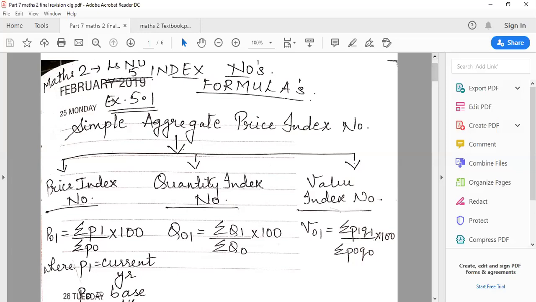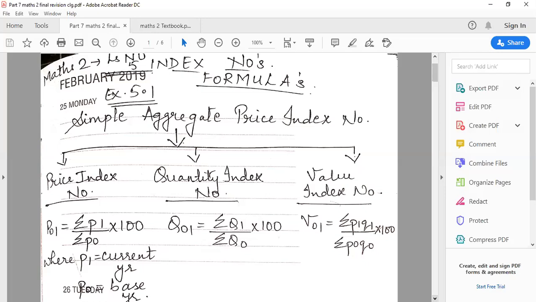So here's a quick revision of what all topics we covered in the lesson. Today we'll wind up this lesson, and I hope you are completing your assignments and practicing regularly.